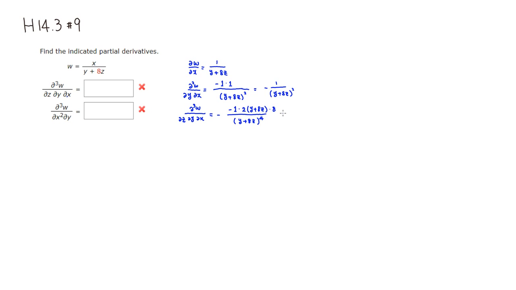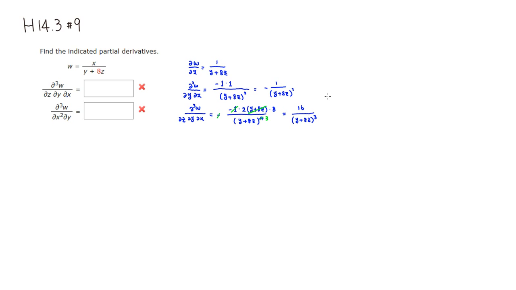So if you clean this up, the negative sign here and the negative sign cancel out. And also one of these factors is going to cancel out, so that's going to be a 3rd power. So you would end up with 2 times 8 is 16 over quantity y plus 8z to the 3rd power.